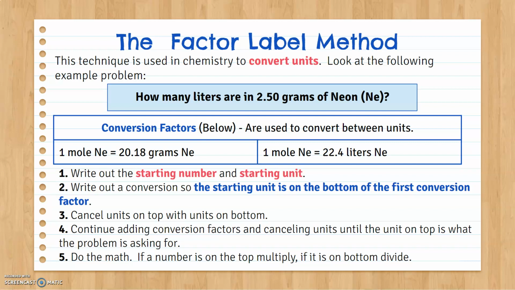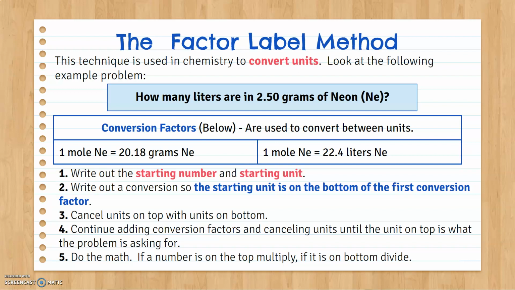So there's a problem, and we've got to go from grams of neon into liters. We need to use the factor label method to convert our units. In order to do that, you need some conversions. These are going to be provided. They'll give you a chart or a table, or they'll be in the problem.